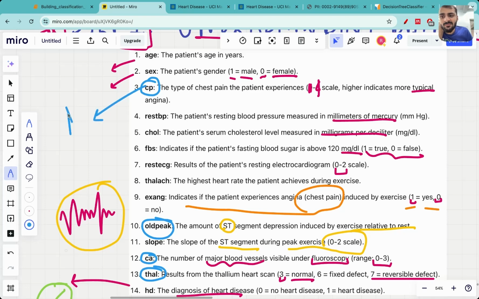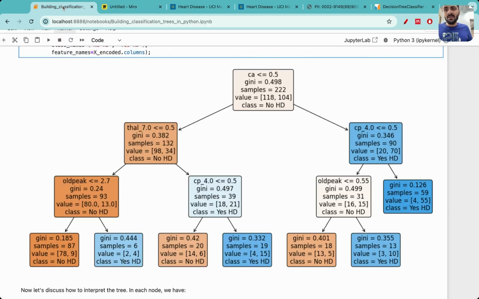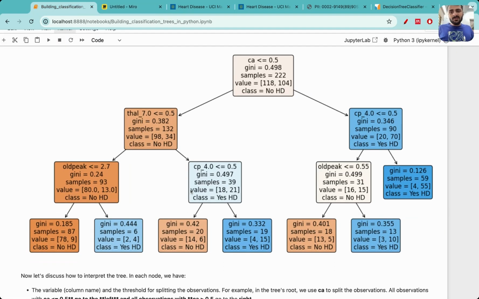I can say that these four variables lead to the majority of the predictions, or very important predictions, in my decision tree. Because if you see the leaves, many of the leaves of this decision tree have either CA value, CP value, old peak value, or the thallium value. The rest of the values are not showing at all. And I could not make this prediction by looking at the complicated tree before.